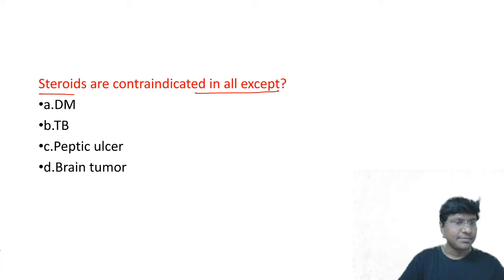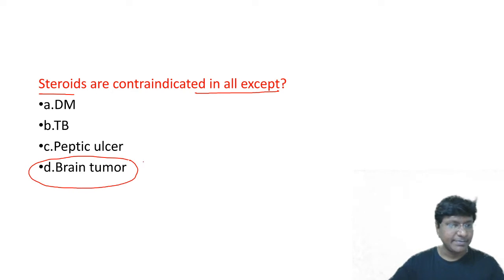Tuberculosis. So yes, Santanam, you want to give the steroids in tuberculosis, that is what you are trying to tell me, okay? Any other? No. Yeah, Ritesh Raja has finally answered. Very good, Ritesh Raja. So the answer is the brain tumor.